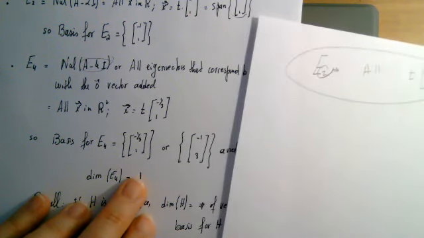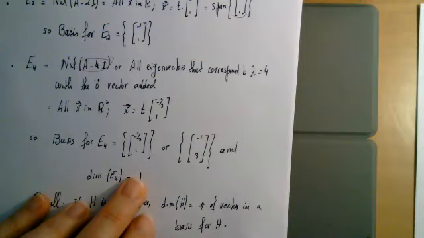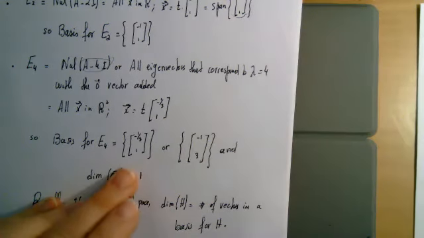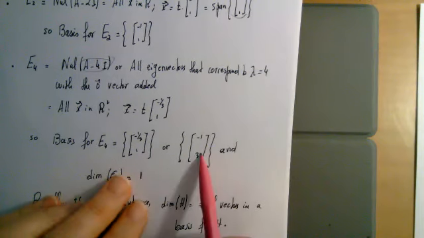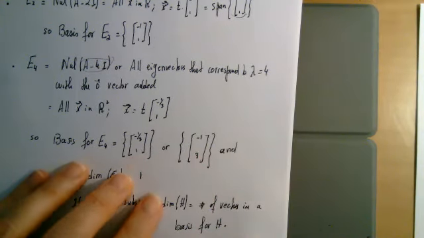Can I have two different bases for the same thing? We write it like this because I don't like fractions much. Can I use this vector as a basis instead of that vector? Who says yes, who says no?